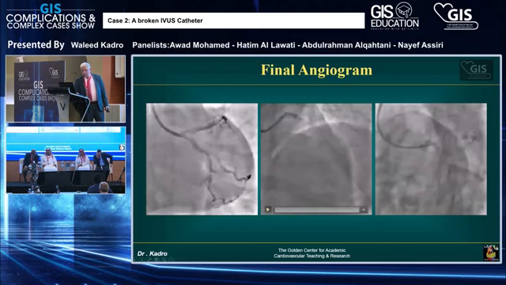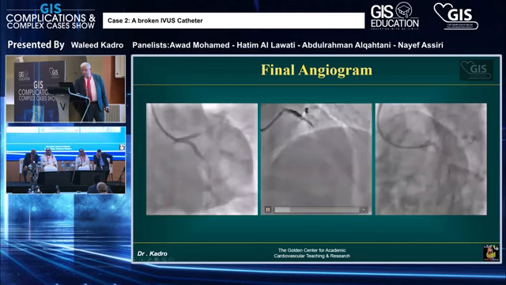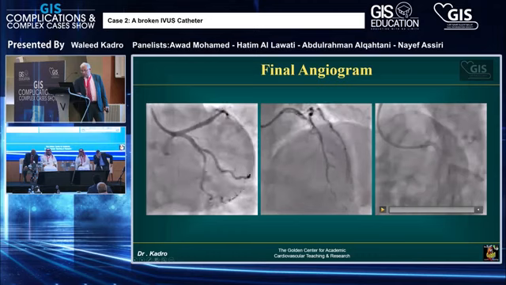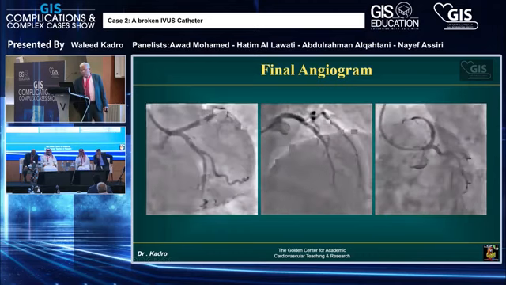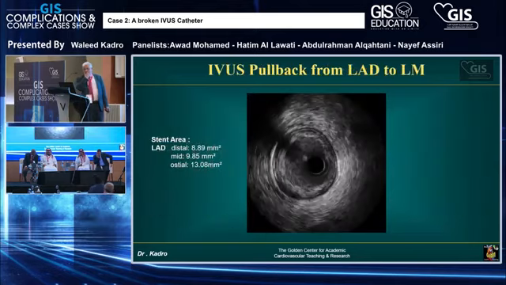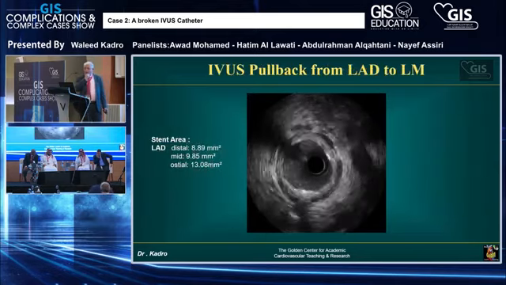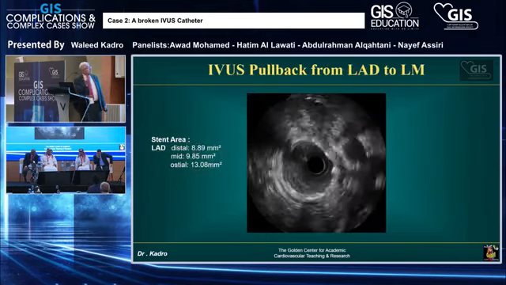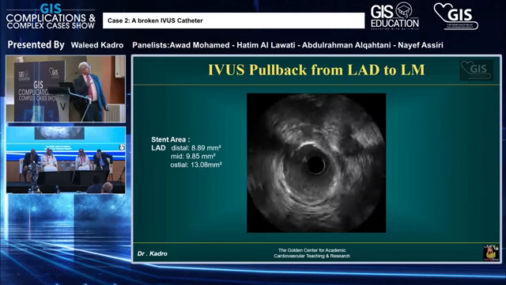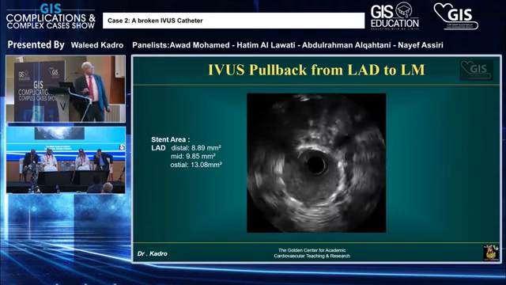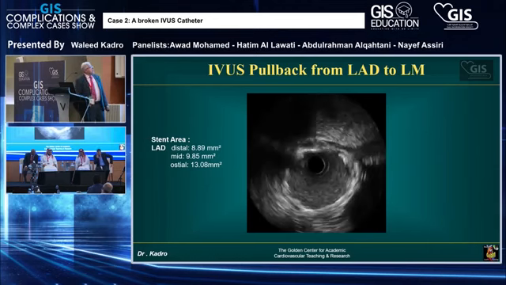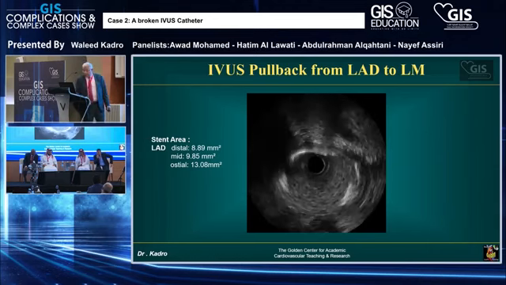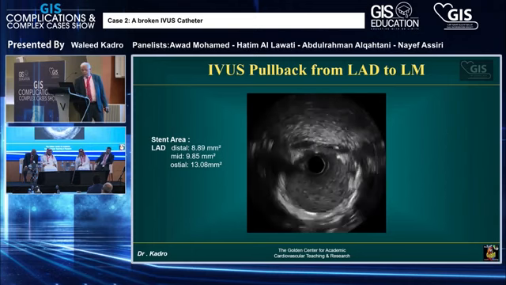This is in the caudal view, this is in the epicranial view, and this is the spider view. After that, we did the full IVUS pullback from the LAD to the left main, and you see that we get a well-opposed stent in the LAD, with a very good area in the distal, mid and ostial, so no further workup.